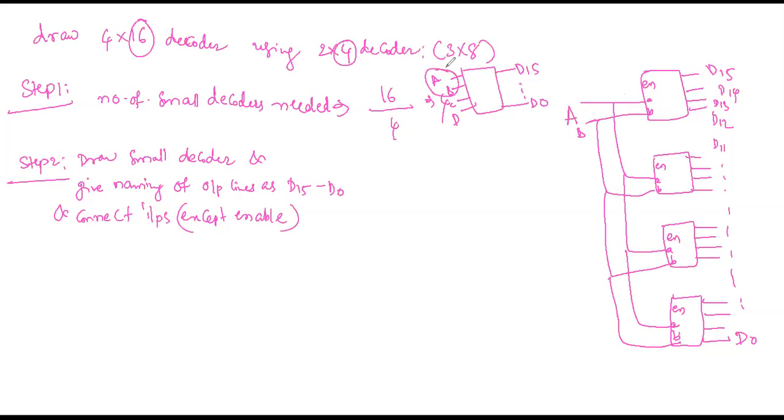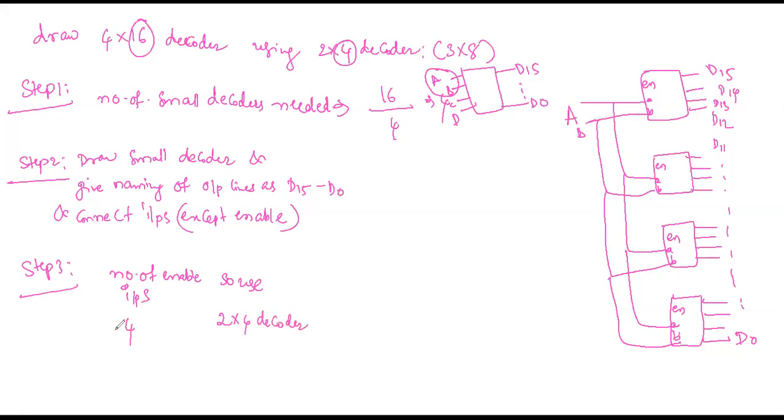Then we did not address enable input. Step 3. Look at the step 3. Number of enable inputs, 4. So use 2 by 4 decoder.